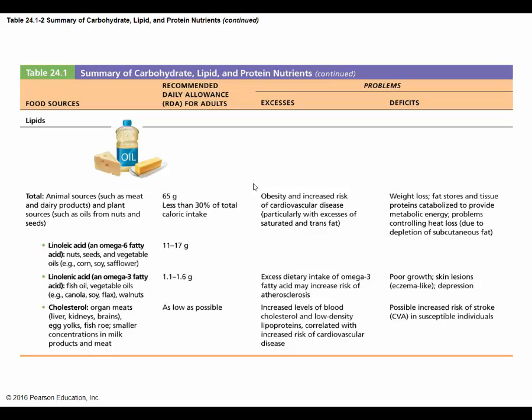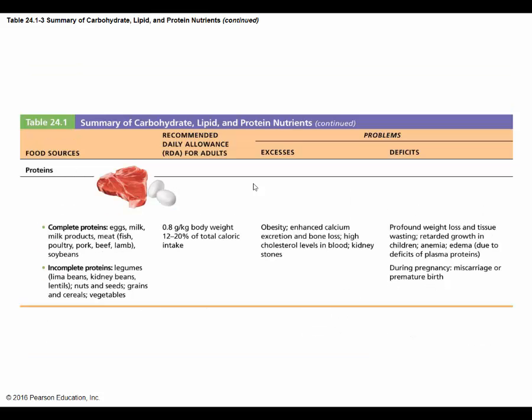Again, lipids, we can see there's different types. Omega-6s, omega-3s. Like I said, we have to be careful with some of those omega-6s because they promote inflammation. Omega-3s are the better ones. And then the proteins. So there's complete proteins and incomplete proteins. Who has to worry about proteins, do you think? Vegetarians, yeah.